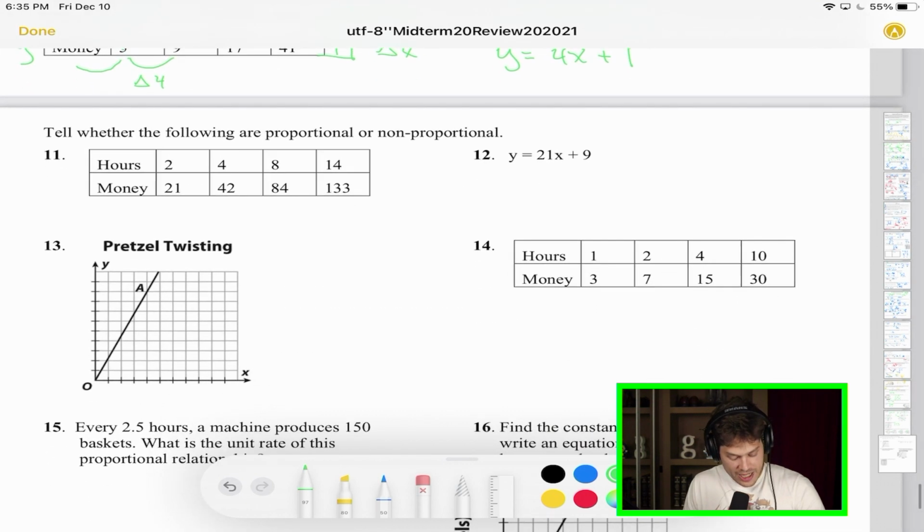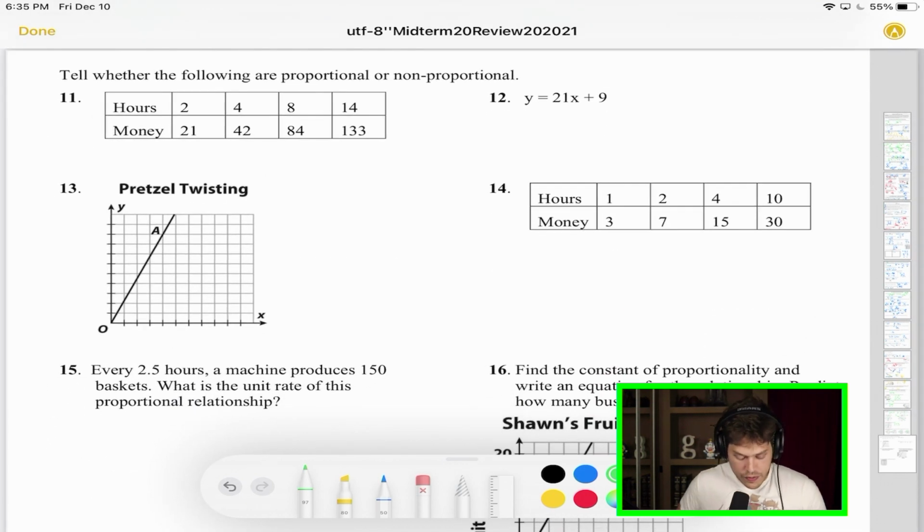Number 11. Tell whether the following are proportional or non-proportional. Okay. So this 133 is throwing me off because it's an odd number.